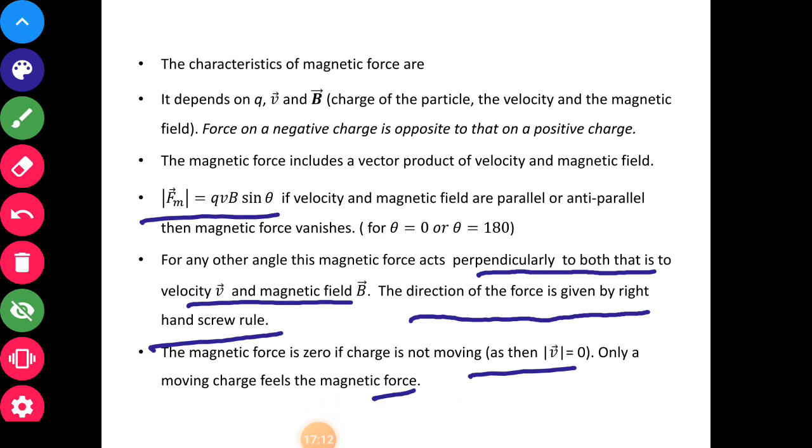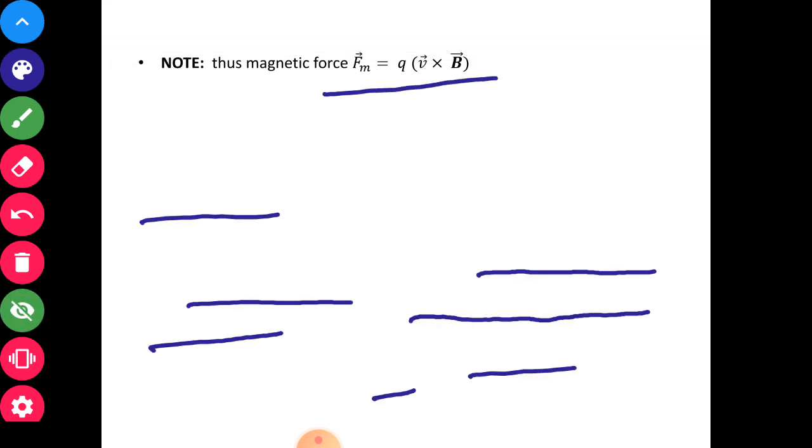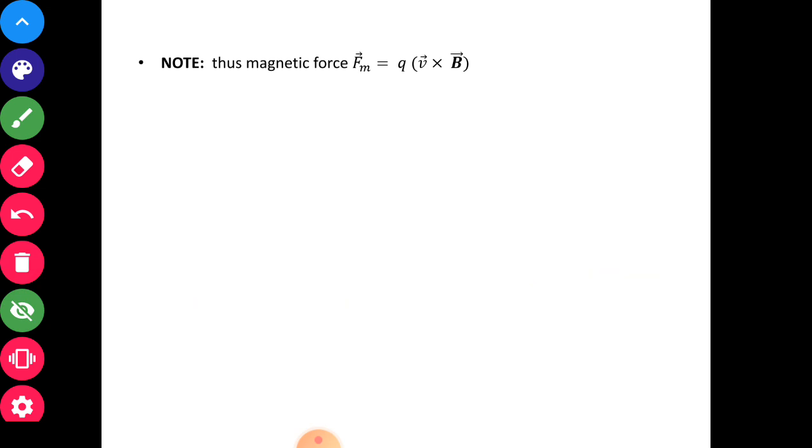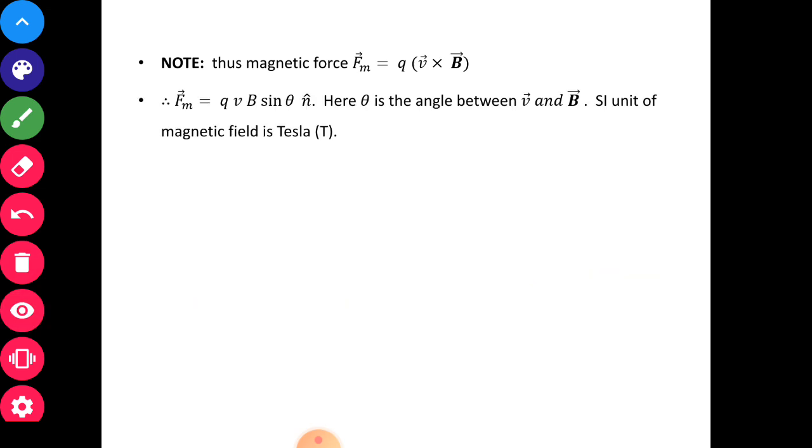Note here that magnetic force Fm is equal to QV cross B. This you must remember. Fm is equal to QVB sin theta n cap.